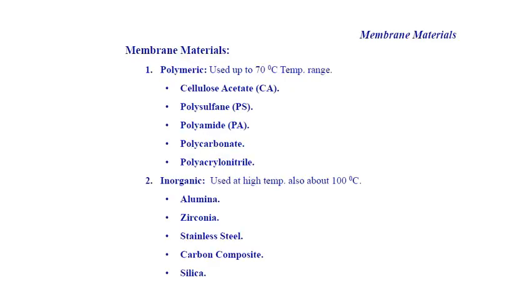Now, some of the membrane materials. A lot of polymeric materials can be used in membrane-based processes, but there are some polymers which are quite famous and widely used in commercial membranes. In polymeric membranes, we can use cellulose acetate, polysulfones, polyamides, polycarbonate, polyacrylonitrile.